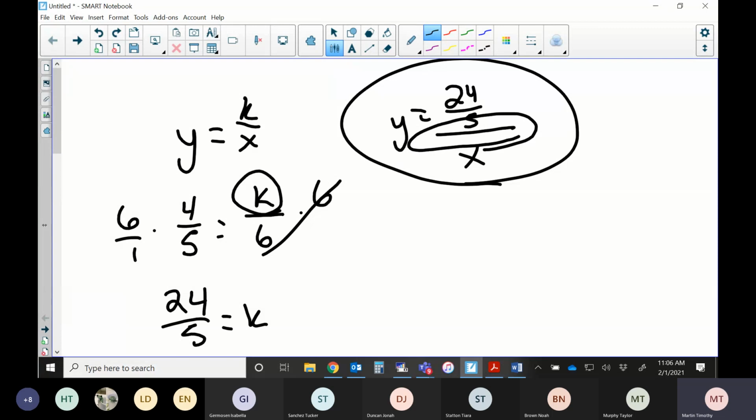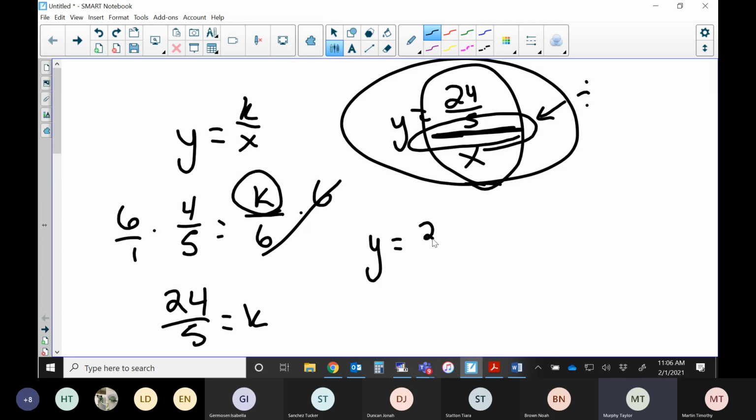What does this fraction bar really mean? Divide. So what's another way I could write that? Instead of writing it like this, how could I write this same exact thing but make this a divide sign? It would be 24/5 divided by x. Yes, ma'am. So remember how I told you in math, we change the way things look sometimes?